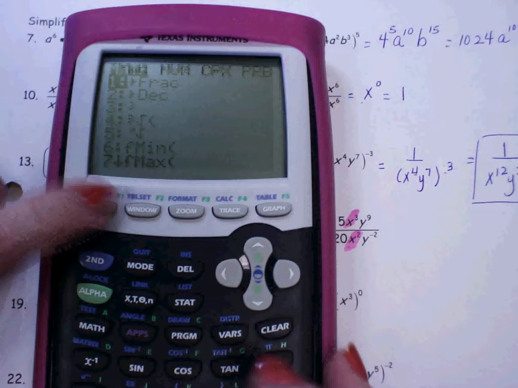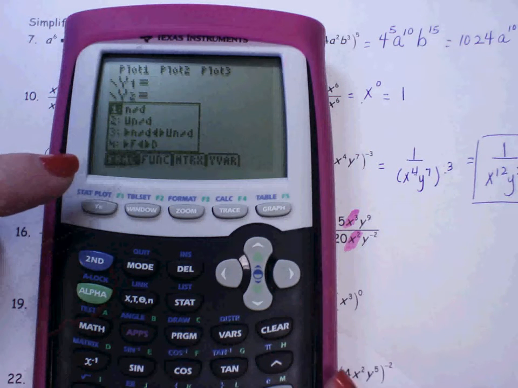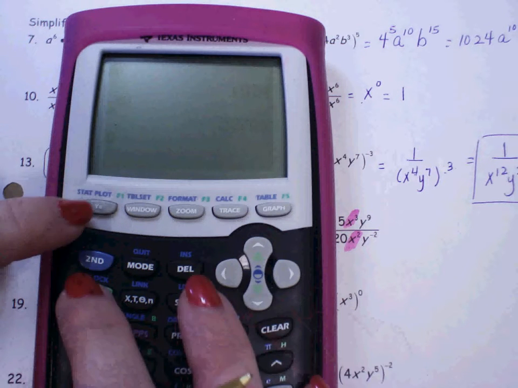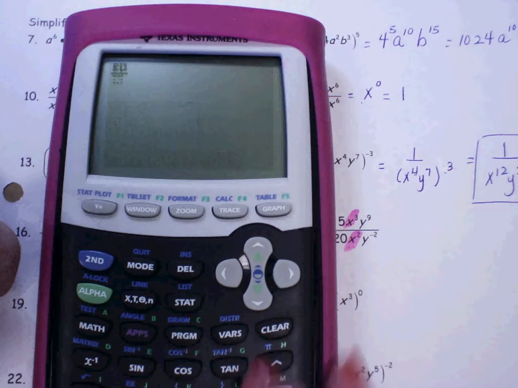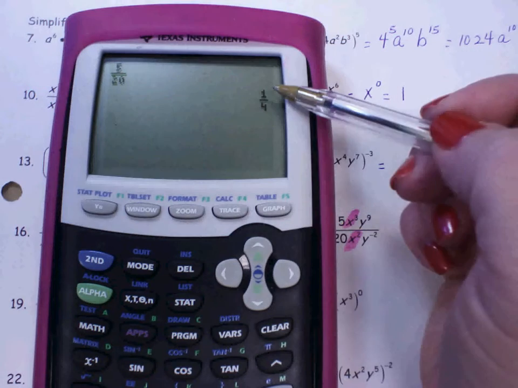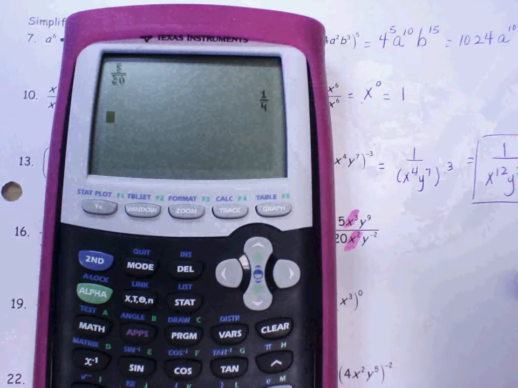For those of you that are still having trouble simplifying, just have the calculator do it for you, right? And then it's a 1 at the top and a 4 at the bottom.